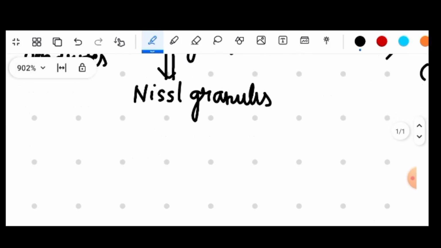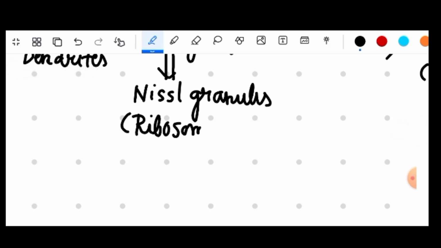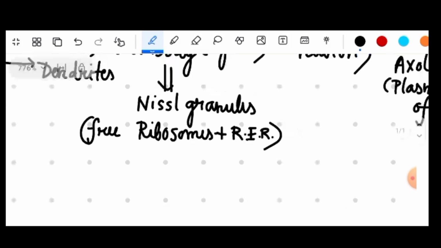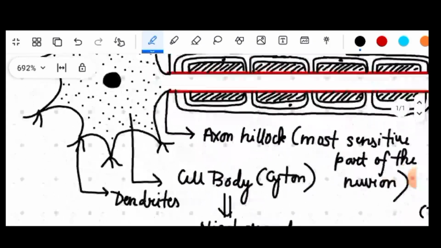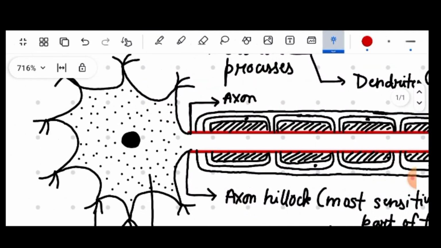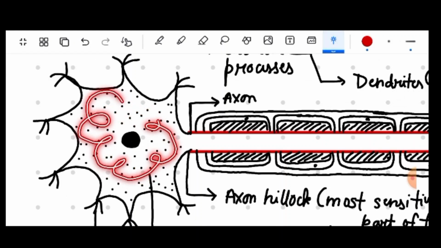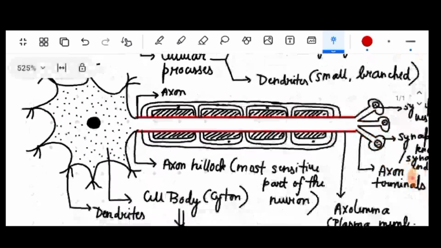The Nissl granules are composed of free ribosomes, so let's write that as well: free ribosomes plus rough endoplasmic reticulum. See, these are the Nissl granules. You can see the dotted structures. These are the Nissl granules that are present within the cell body or the cytosol.